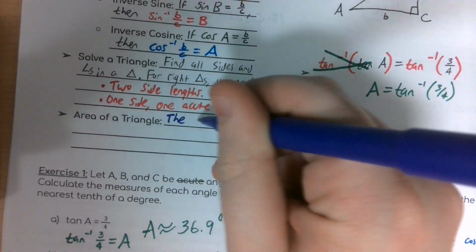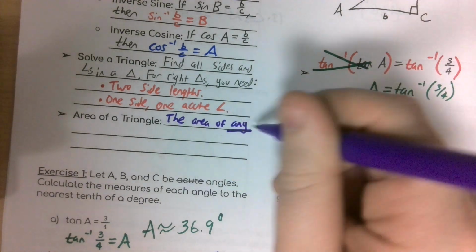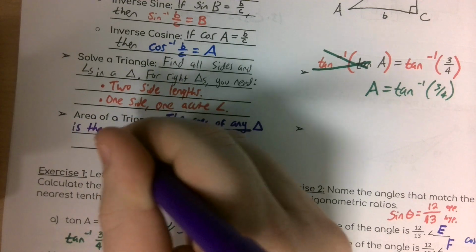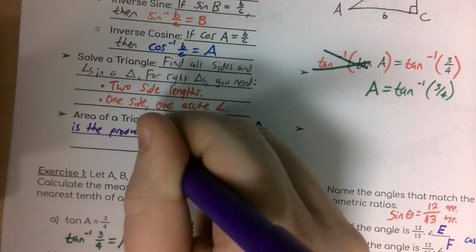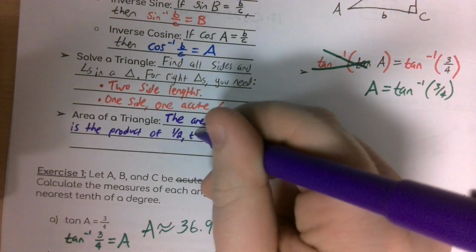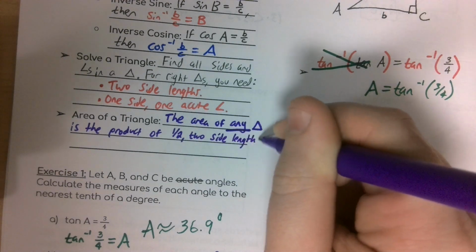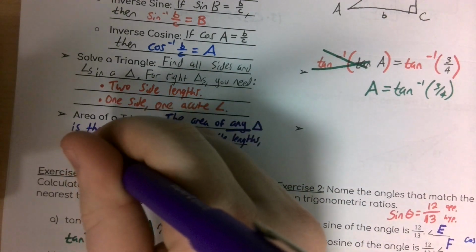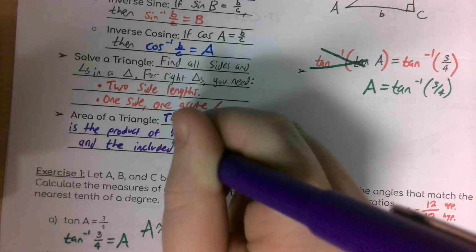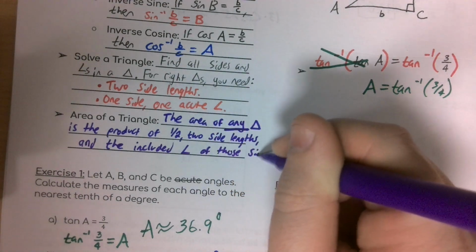The area of any triangle is the product of 1/2 times 2 side lengths times the included angle of those sides.